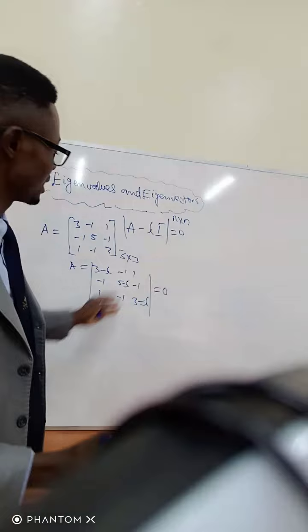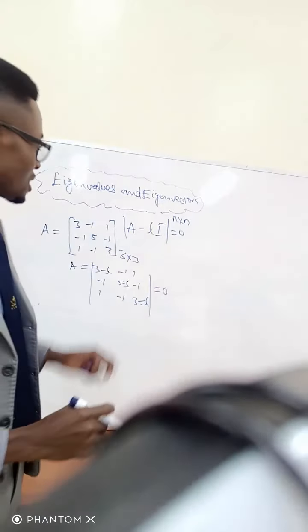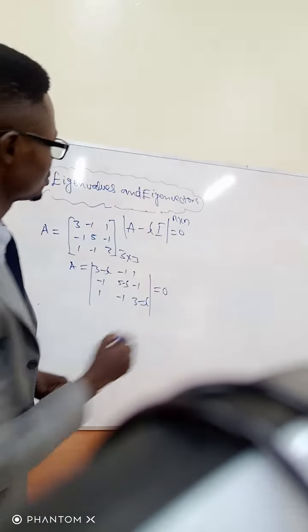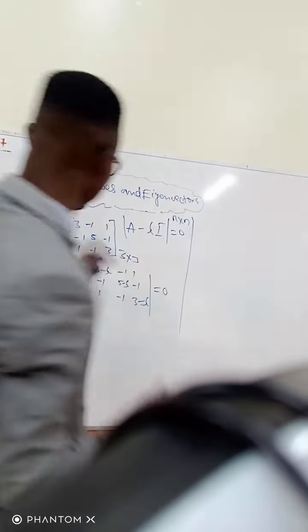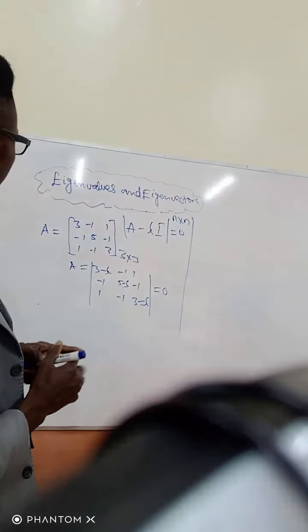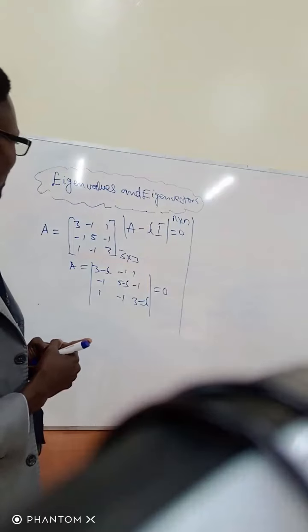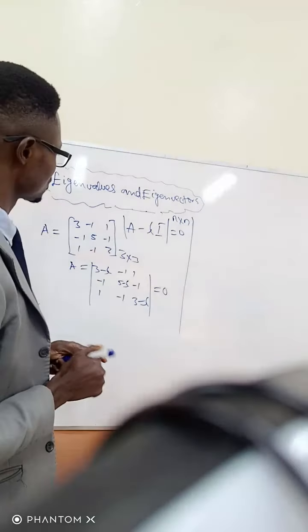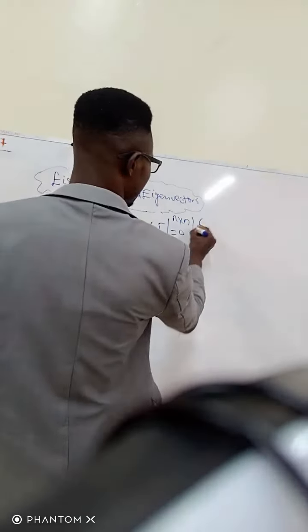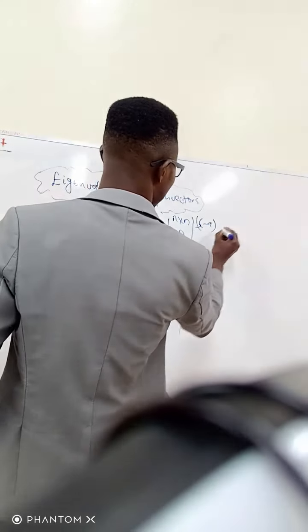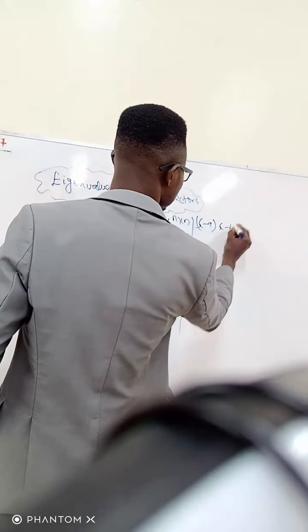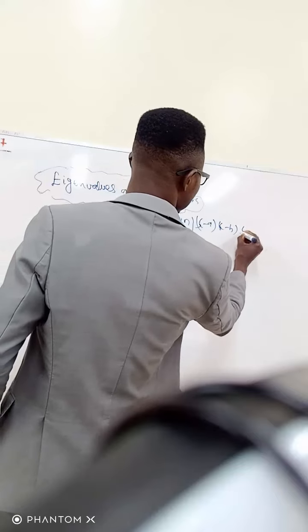Why? Because we are looking for the determinant of this matrix. So to do that, let us try to expand this bracket. Since we are dealing with a cubic polynomial, I'm going to show you how to use your calculator. So let's say that we have lambda minus a multiplied by lambda minus b, multiplied by lambda minus c.